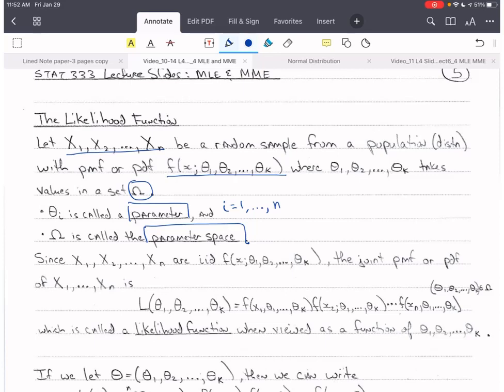Okay? Because X1 to Xn are IID, they have exactly the same PMF or PDF. The joint PDF or PMF is given by the product, right? So if they're independent, then we can calculate the likelihood function, or the joint PDF, if you would, by just multiplying the individual PMFs or PDFs, okay?